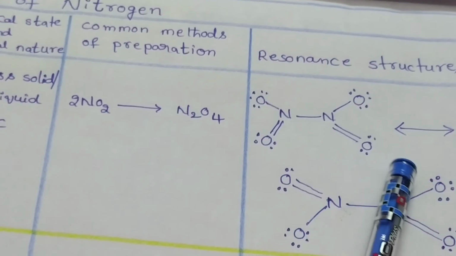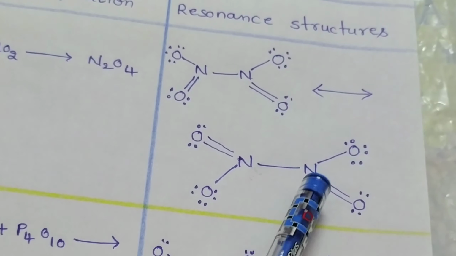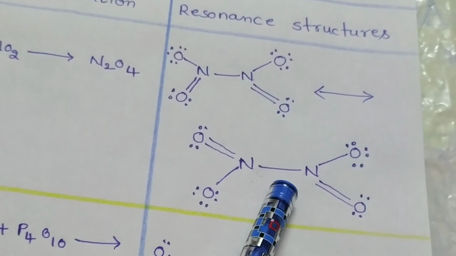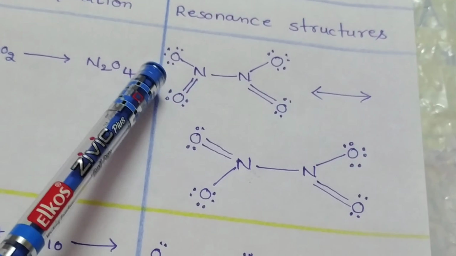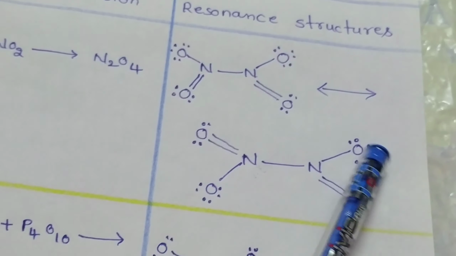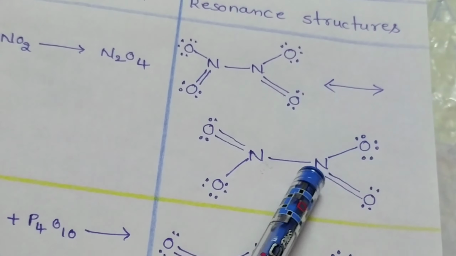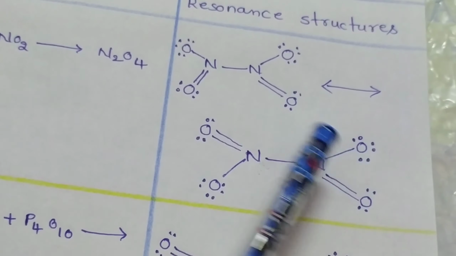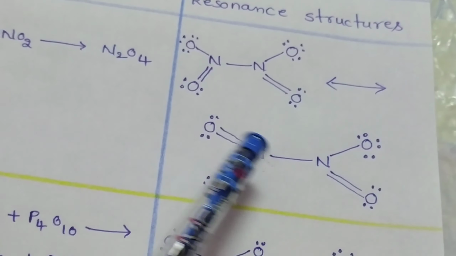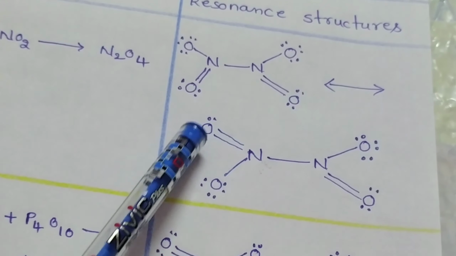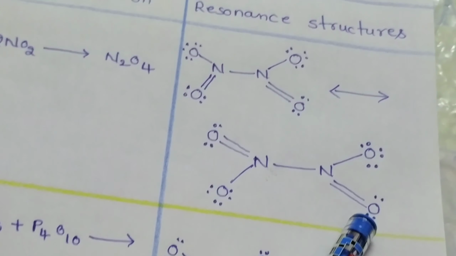The resonance structure can also be written with the 2 nitrogens having a single bond. Here we can write oxygens with nitrogen having a single bond in the opposite direction. These 2 oxygens have double bonds with nitrogen, and we can show them in the opposite direction.